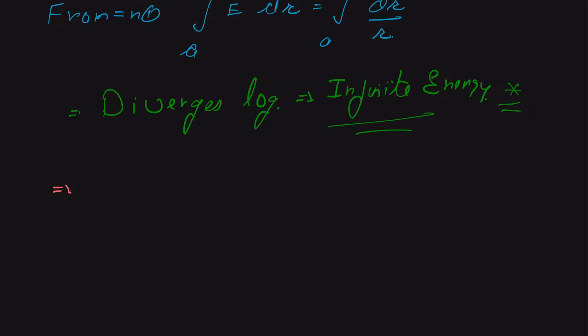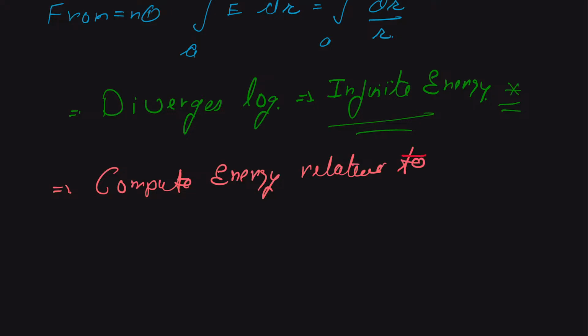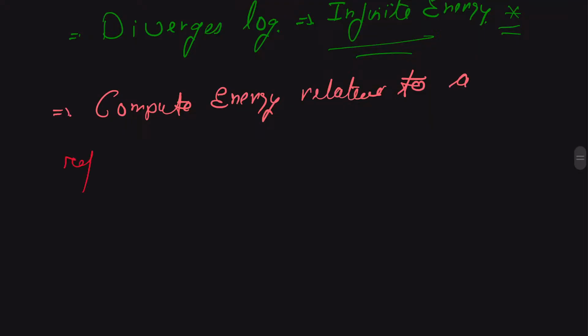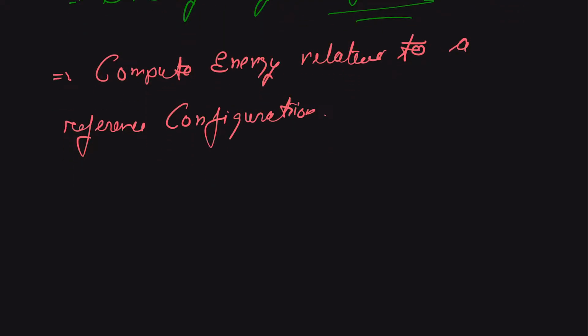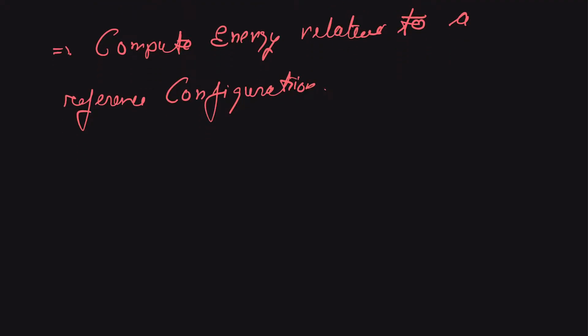Therefore, from here we can say that we compute energy relative to a reference configuration. And the reference configuration is given itself in part B, so we are going to stick with that.